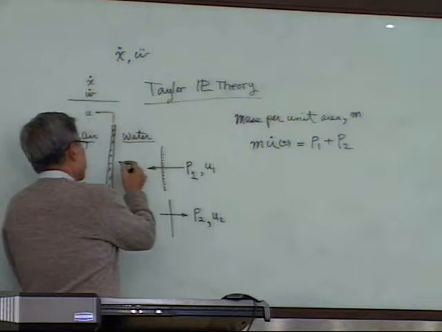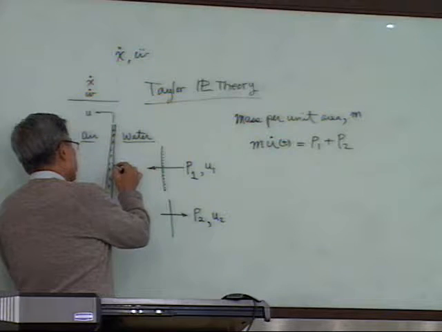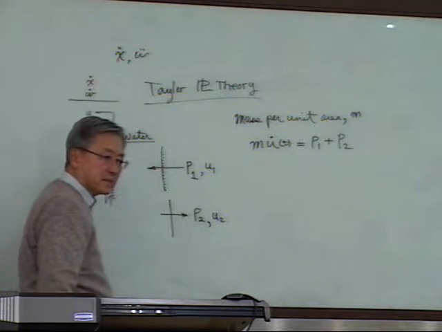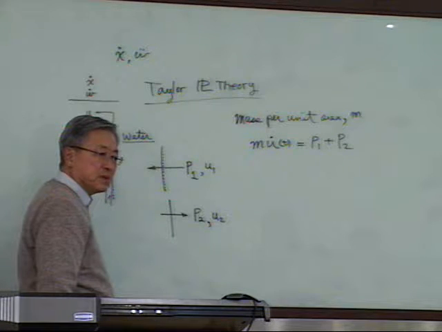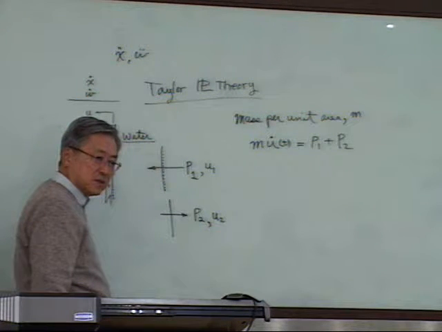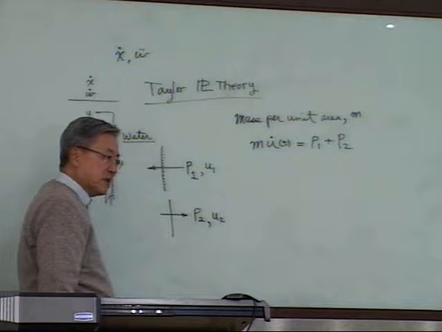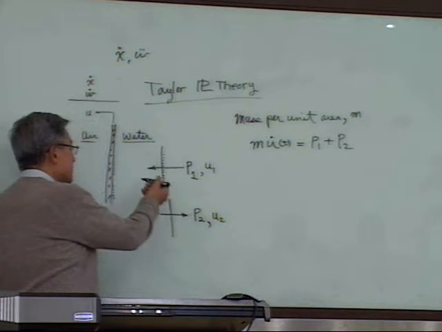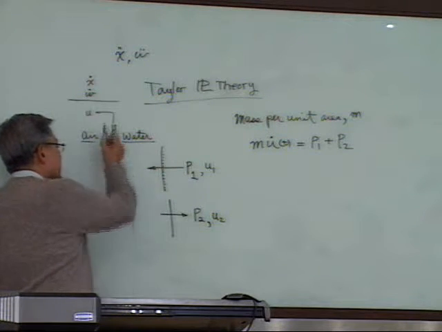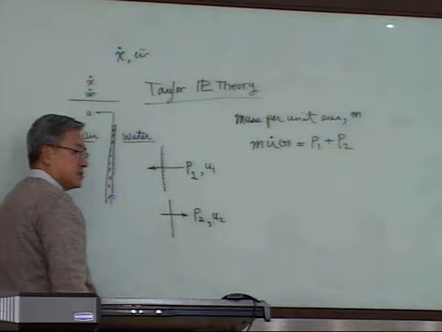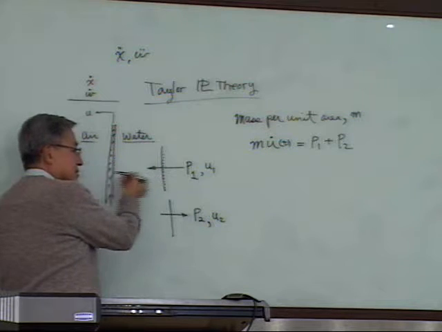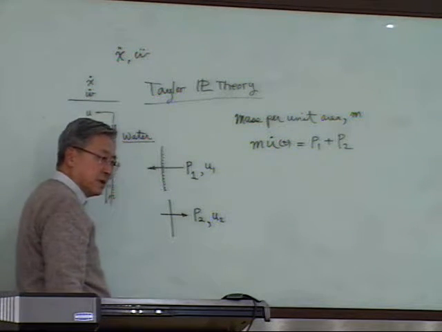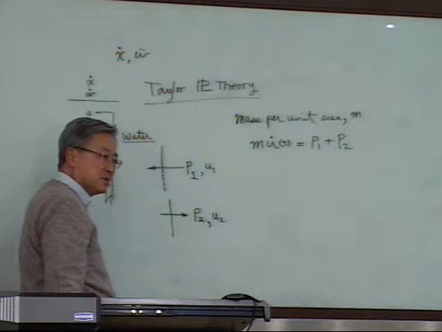So as you can see right here, we are dealing right at the interface. P is a scalar quantity, U is a vector quantity. So the plate moves in that direction, not the vertical direction. U1 is horizontal, U2 is also in the horizontal direction, vector quantity.